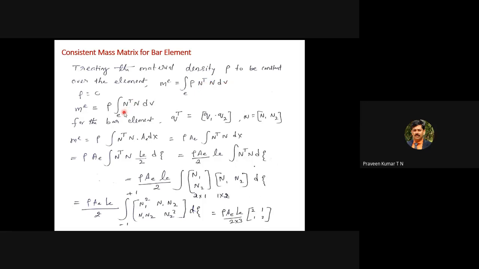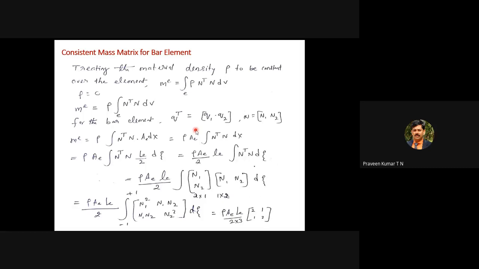Most of the time, we assume the material is homogeneous, like most of the metals. There is no major macroscopic defect, so we can assume the material is homogeneous. For a homogeneous material, density is constant, hence you take the density outside. We know the formulas for N1 and N2.